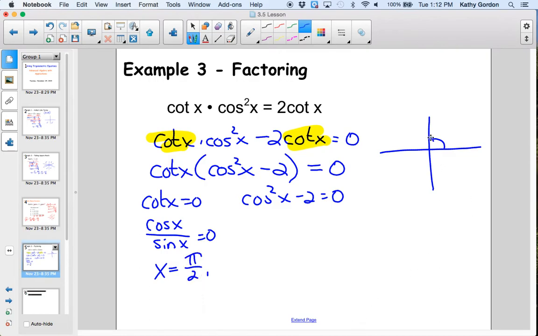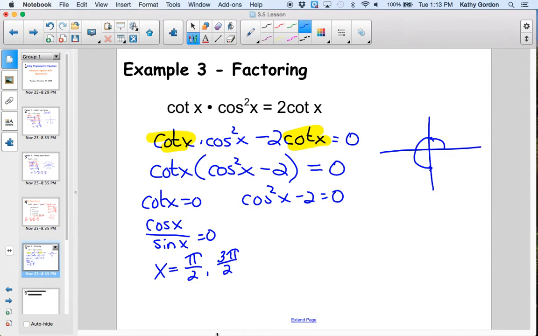If I continue rotating around, the next time I get to the y-axis is here. What angle is that? 3 pi over 2. So those are two solutions from the cotangent x being equal to 0. Pi over 2, 3 pi over 2.